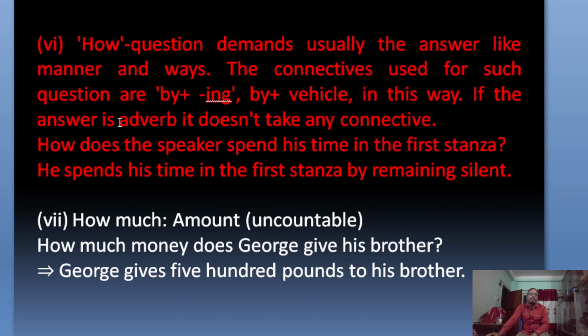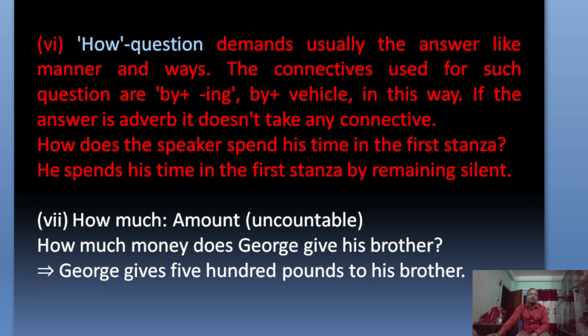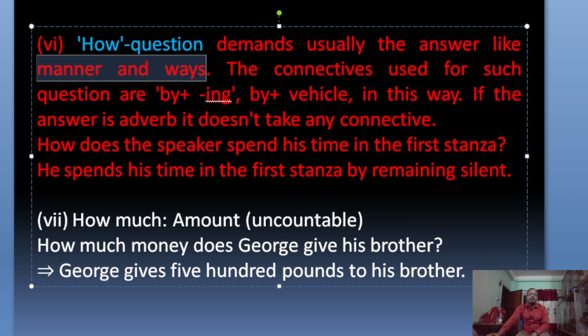After that, you can see how we can reply to the how question. Here I am going to share with you the how question. A how question usually demands an answer like manner and ways. Here we are going to talk about the manner and the ways.